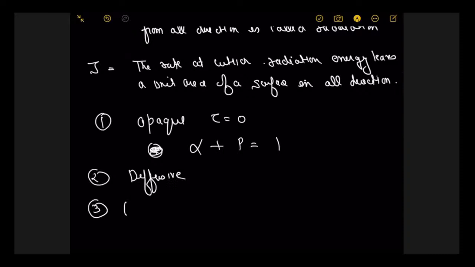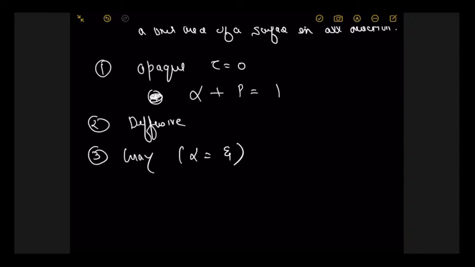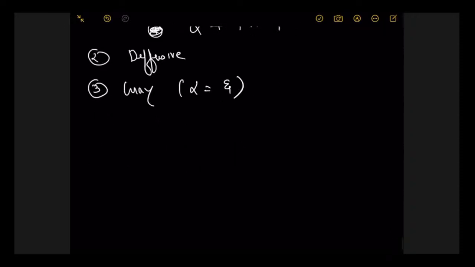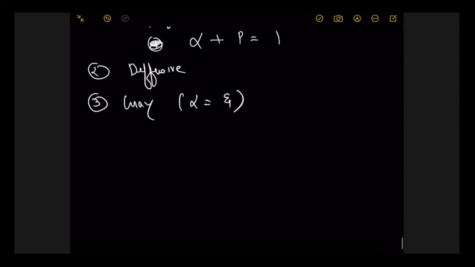Surface is gray, that is absorptivity equals emissivity. So J equals transmittivity into GI plus emissivity energy, the total energy we are dealing with.